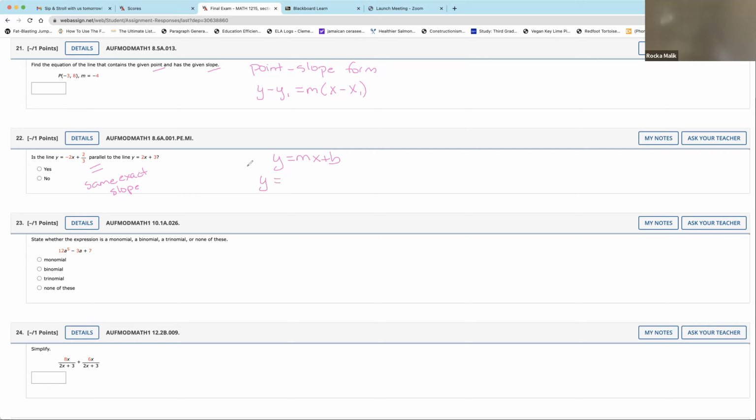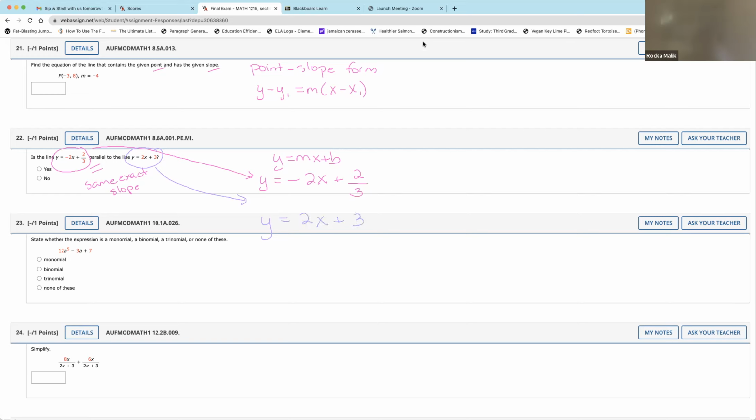Y equals, just writing it over larger over here, y equals -2x plus 2/3. That's one of the equations. The other one is y equals 2x plus 3.